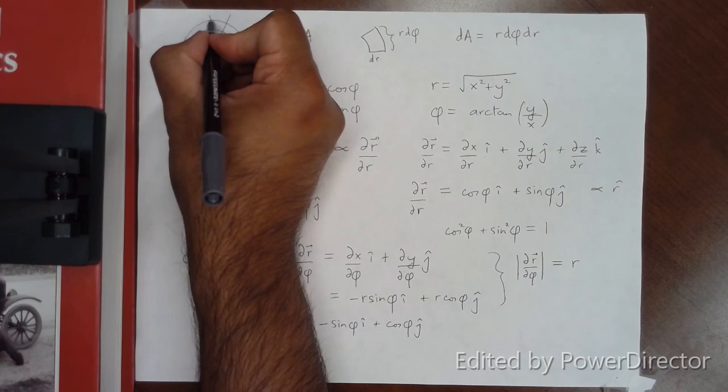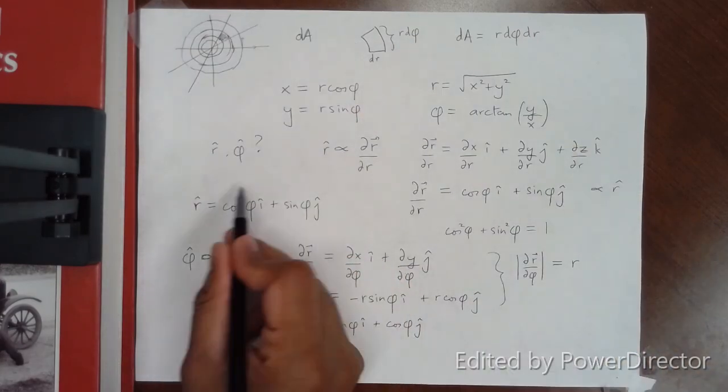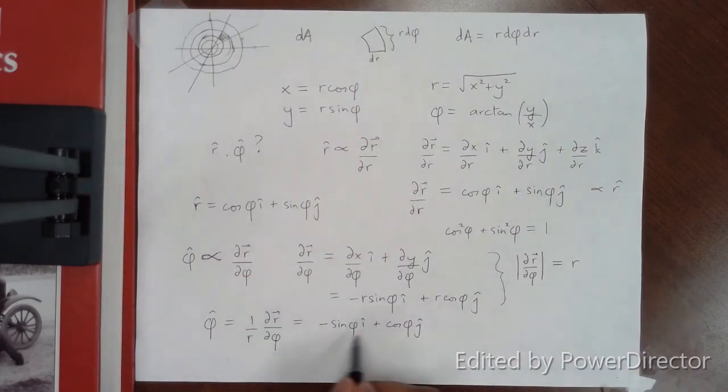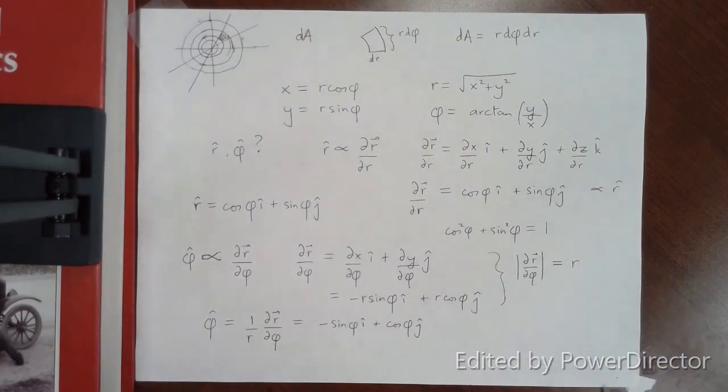What about when phi is equal to pi over 2? When phi is equal to pi over 2, r hat will point in the positive j hat direction, yes. And phi hat will point in the negative i hat direction. Yes, that does make sense. So this is how we obtain expressions for r hat and phi hat.